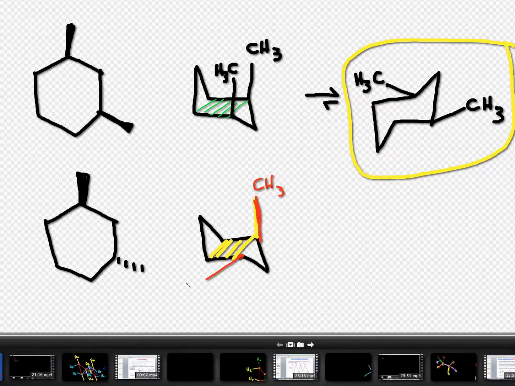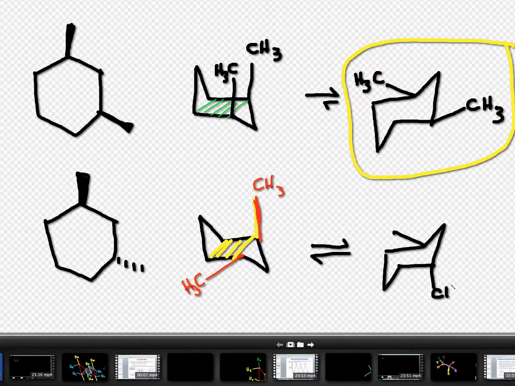So this can only be trans if this is equatorial. And when I do the ring flip, I'm going to have one axial and one equatorial as well. Those are equal or degenerate in energy. So there's no difference in energy. So when I have a 1,3 disub and the substituents are the same, the advantage goes to cis.